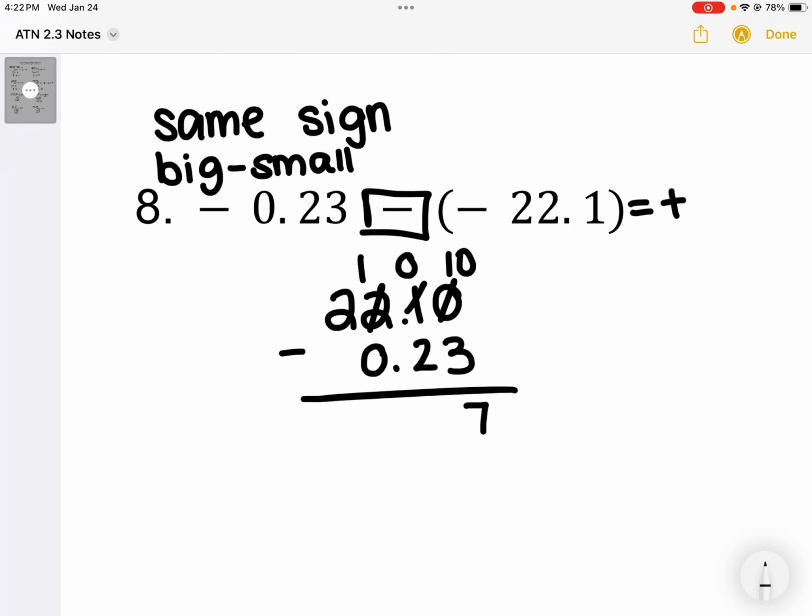Don't forget to put your decimal. 1 minus 0 is 1, and 2 minus nothing is 2. Because I have already put a positive sign in my answer, my final answer is positive 21.87.